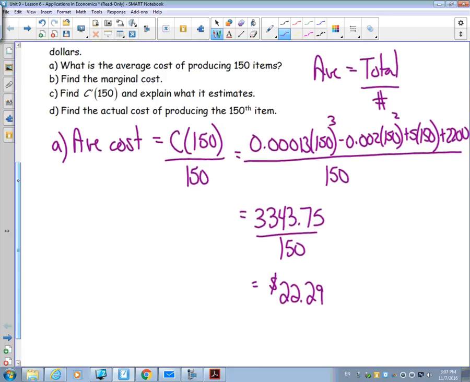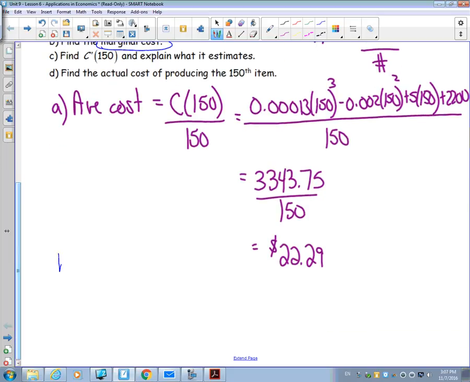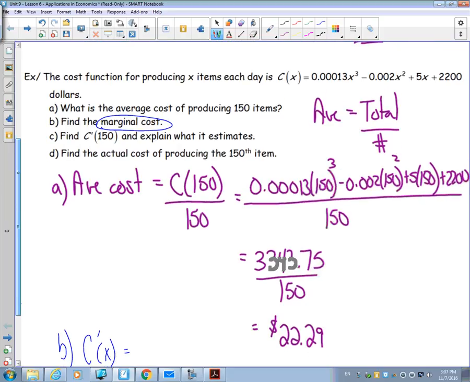Okay, part B, find the marginal cost. There's that word, marginal. That means find the rate of change of costs. In other words, find your derivative. So for part B, we're going to take the derivative of our function. Just be careful with your decimals here. We're just using our good old power rule.